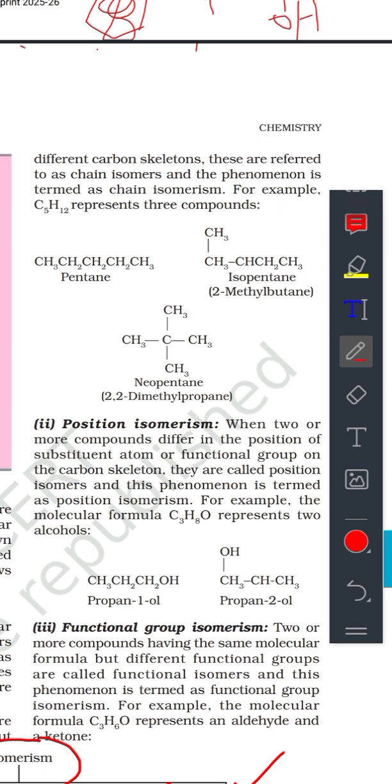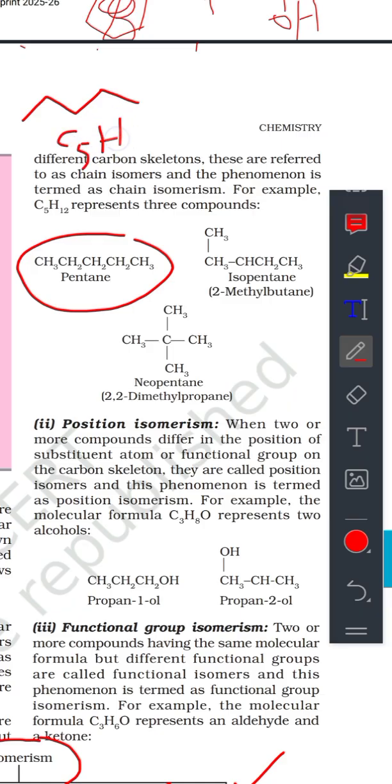If we write the bond line formula for pentane, it will be like this: 1 2 3 4 5. And what is the molecular formula for this? C5H12. That means 5 carbons and 12 hydrogens are there.